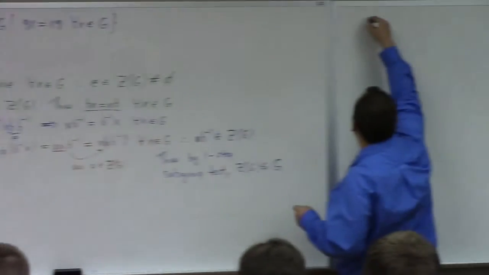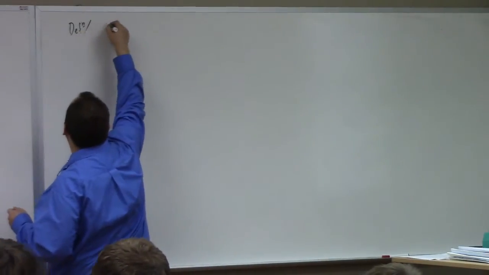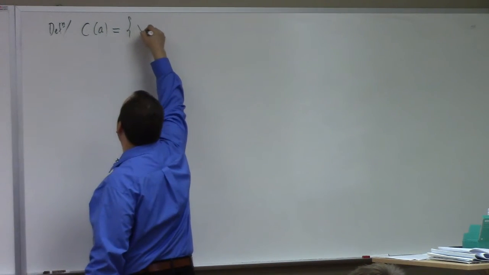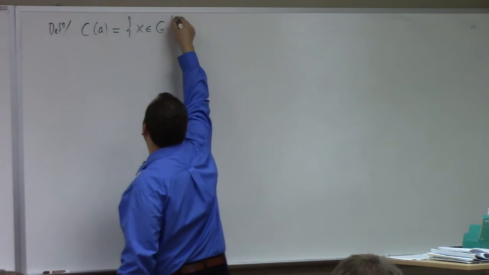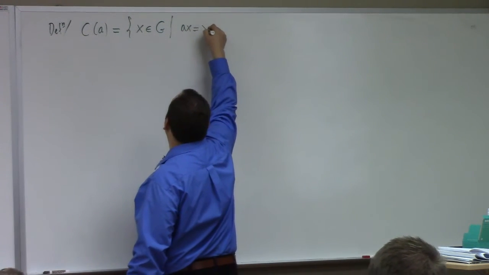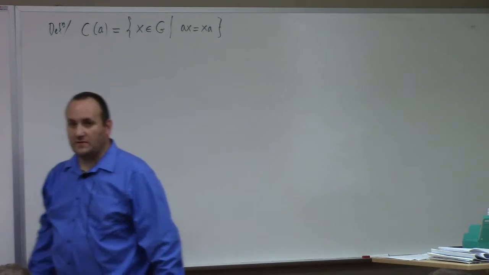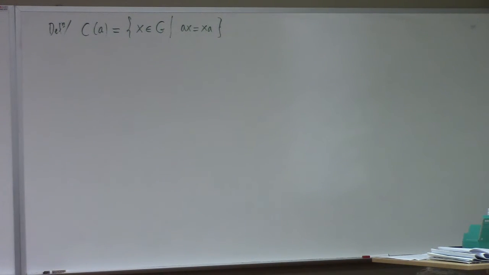So what's the centralizer? The centralizer of A, by definition, is the set of X in G such that AX equals XA. All right? So it's just the set of elements which commute with a particular fixed element in the group.